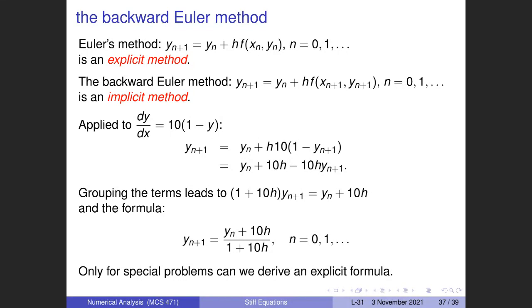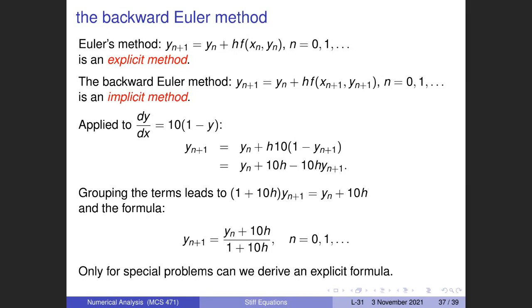So the backward Euler method. The forward Euler method, which was simply Euler's method, uses the function value at the current step, looking forward. So you could see this also as a forward difference.